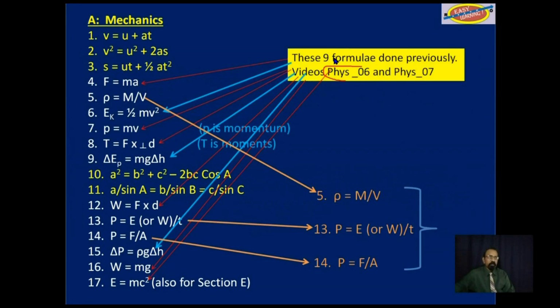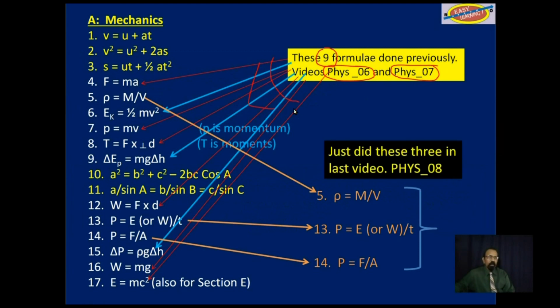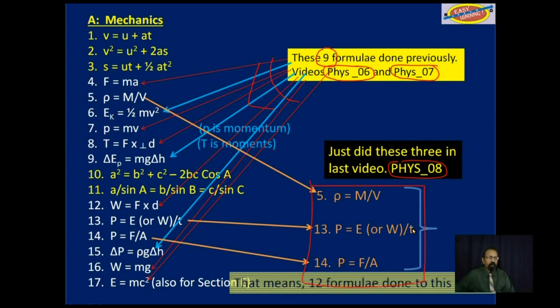In video physics 06 and physics 07, we considered these 9 formulae here. And then in physics 08, we considered those 3 formulae there. So that means that we have covered 12 of these 17 formulae you see on the left here.